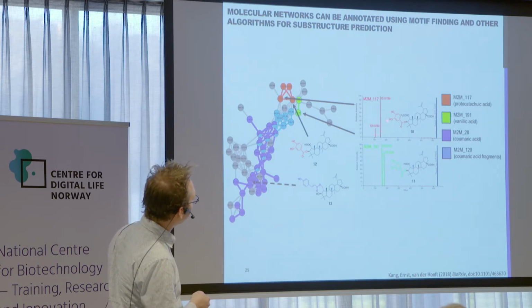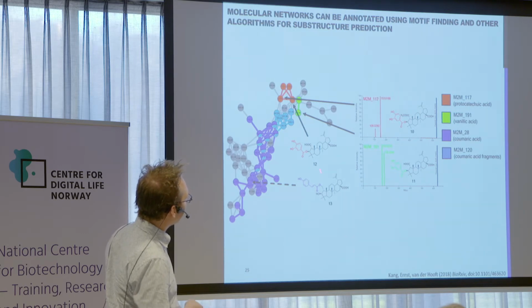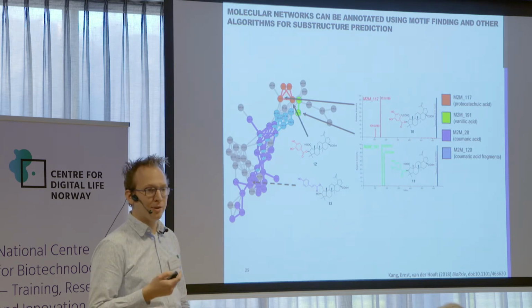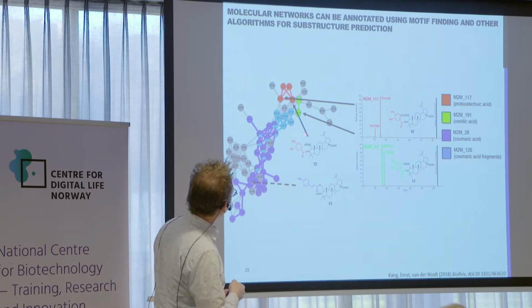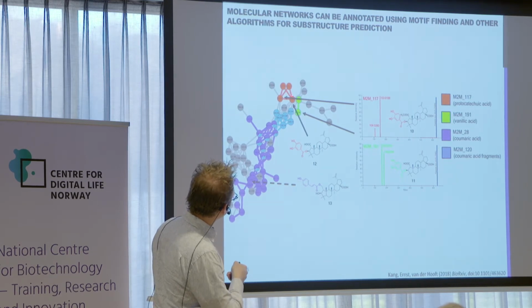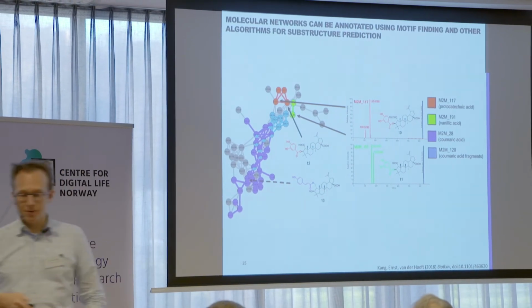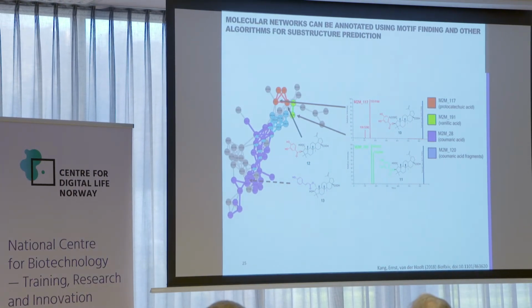For example, the green one here would be a motif of two peaks that are linked to vanillic acid. So if your molecule fragments and you get those peaks, it's very likely that you have a vanillic acid in your molecule. And using those motifs, you can annotate the networks and identify where certain substructures are found in which molecules.